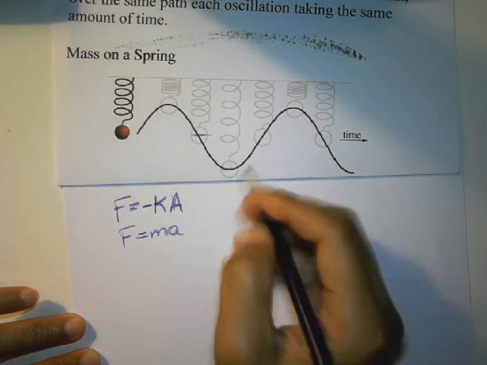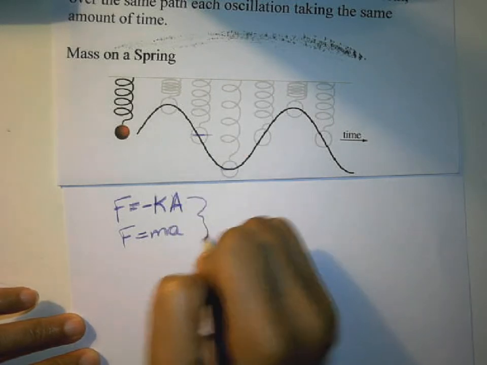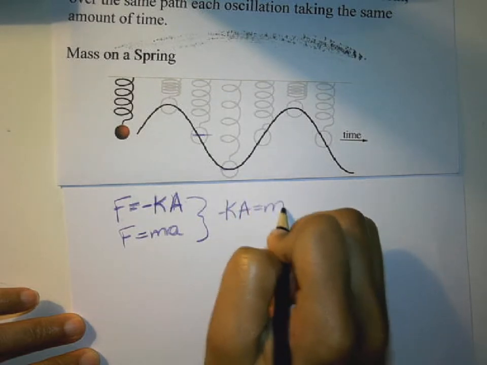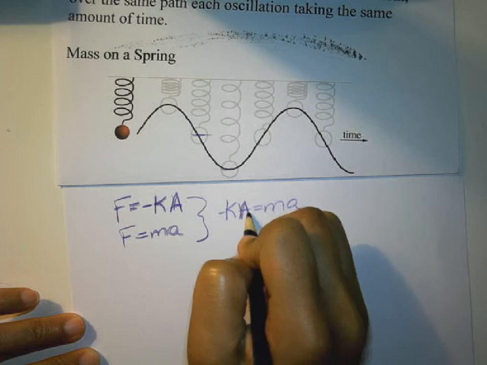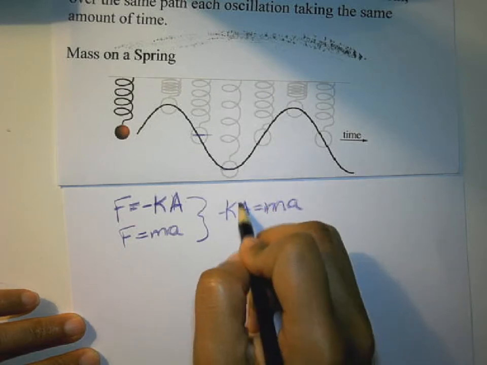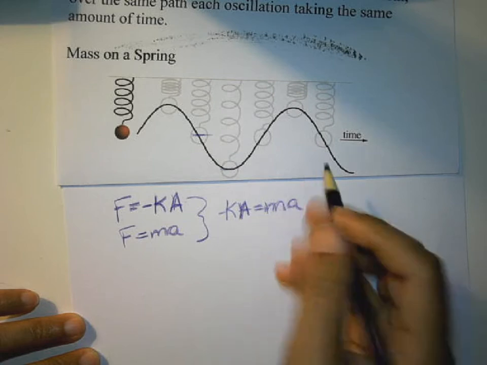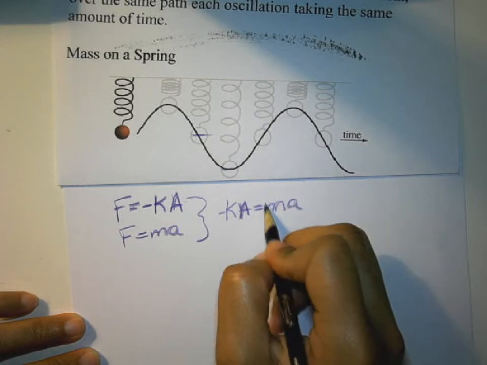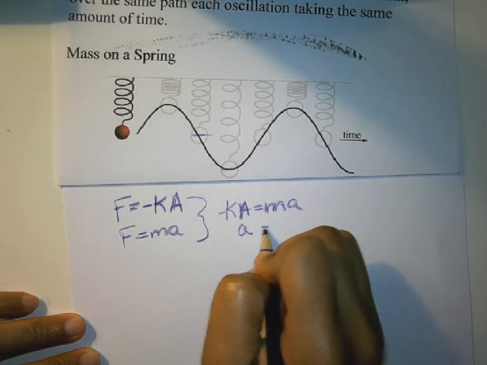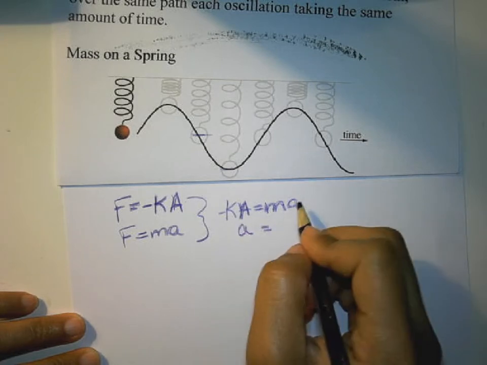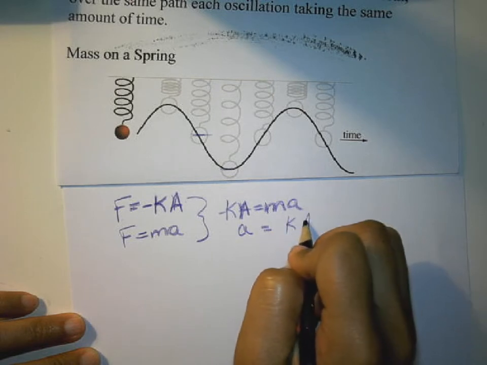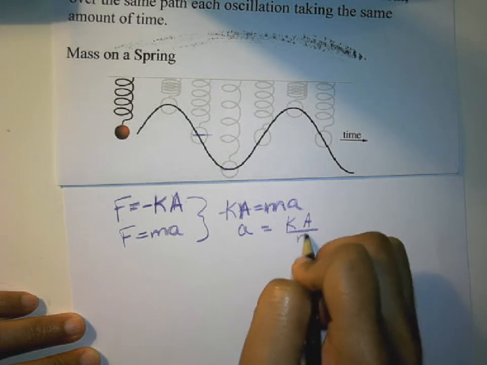Once we know these two, we can tie them together. And we can say negative Ka is equal to ma. And so if I know the amplitude from equilibrium, I can get the acceleration at that point. I can say a is equal to K times the amplitude divided by the mass.